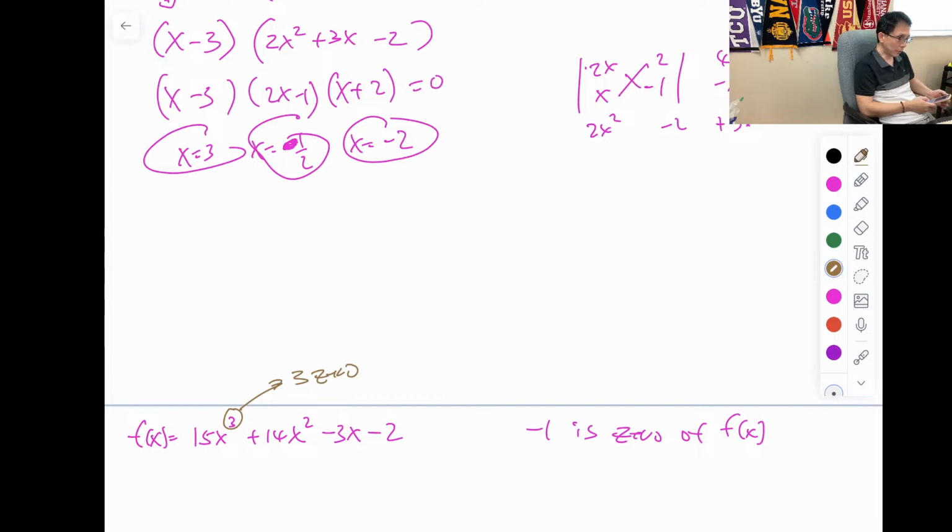Yeah, I want you to find all the zeros. If we have 1 zero, can you factor out the rest of the zeros and write out the rest of the factors?